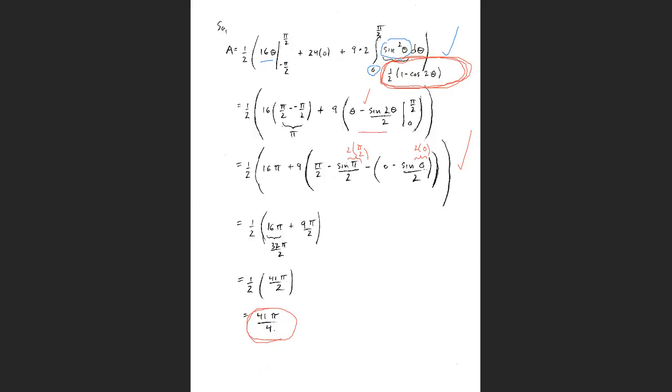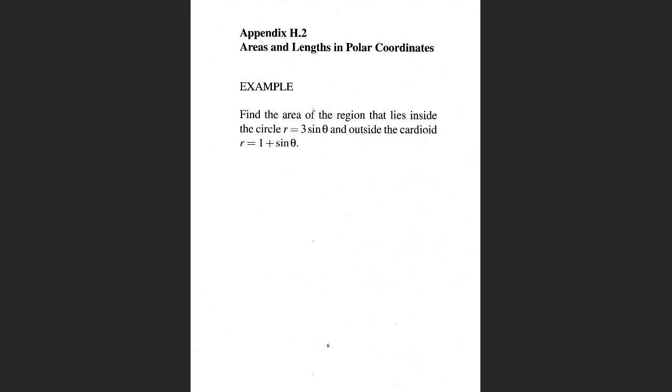But theta is fine. Are there any other good questions before we move to the next example? Okay, let me give you a moment to copy this example down.